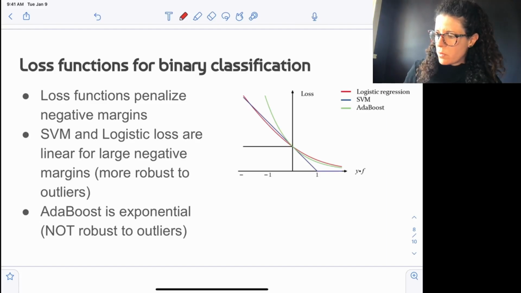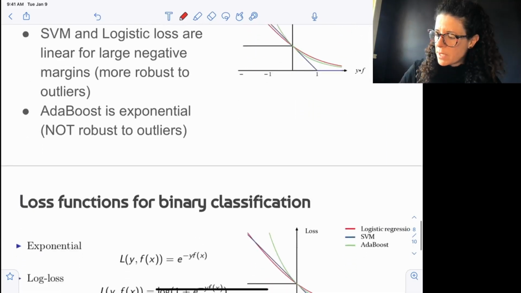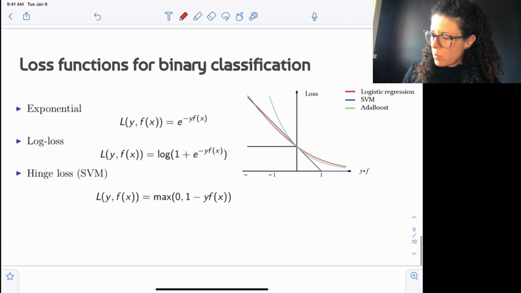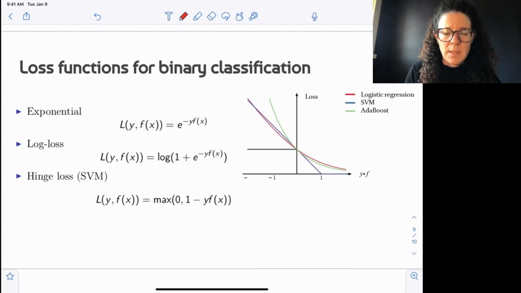So let me show you the formulas. For the exponential loss, it is e to the minus y of f of x. See that all of them are functions of the margin, y times f of x. Then we have the log loss, which is what I just showed you. The log loss works for any function f of x. It's not just for logistic regression in particular.